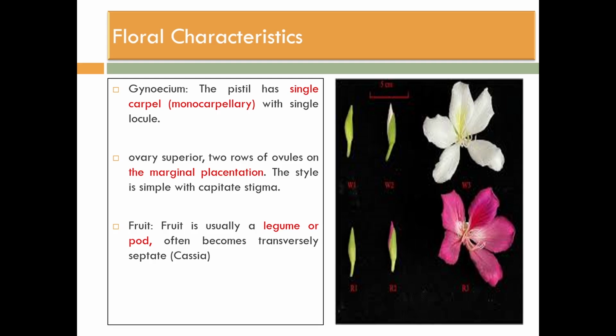The style is simple with a capitate stigma. The fruit is usually a legume or pod, often becoming transversely septate in the case of a capsule. Here again you can see the stamens and the hook-like structure we saw in the earlier image.